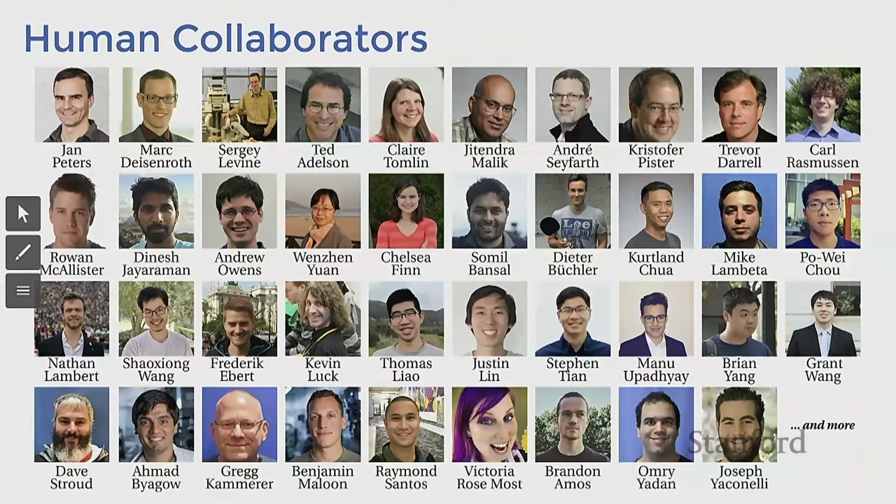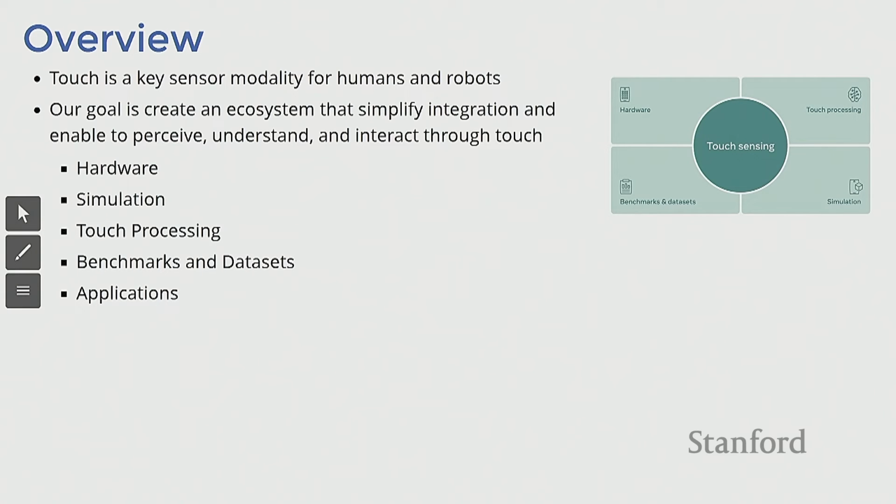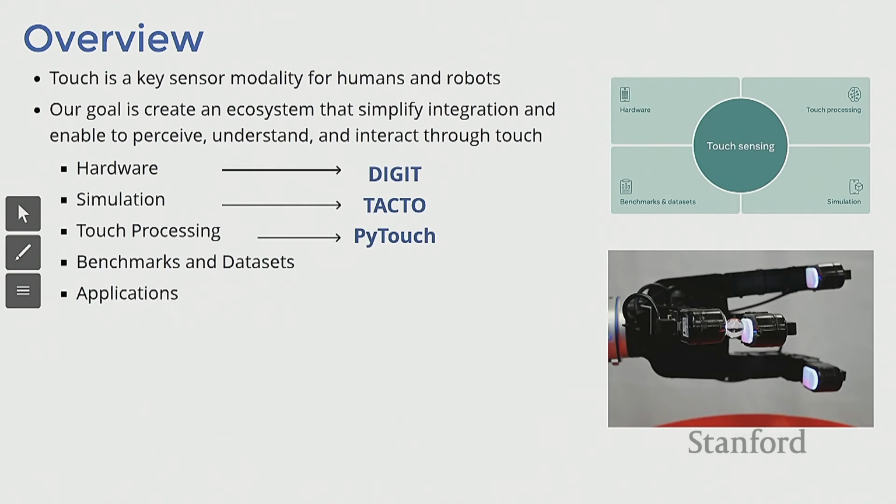So really important person. To conclude, I hope I convinced you that touch is a crucial sensor modality in both humans and robots. Throughout the last years, our goal has been to create a standardized ecosystem that can help researchers do research faster and enable people to join the field more easily. In particular, we have been open sourcing a number of tools for cheap and reliable hardware, fast simulation, and touch processing.